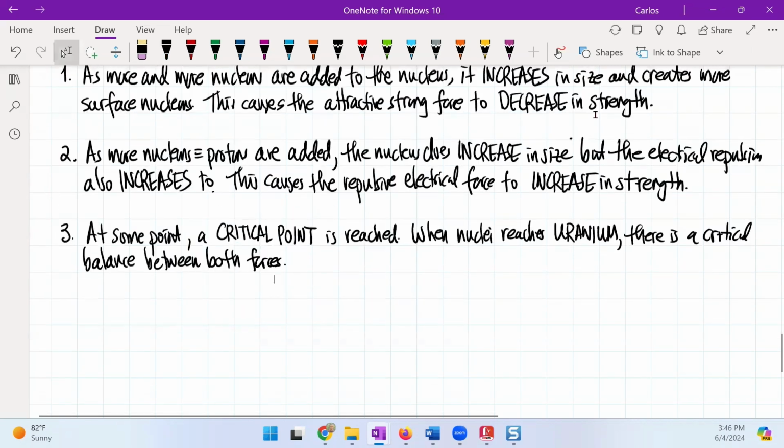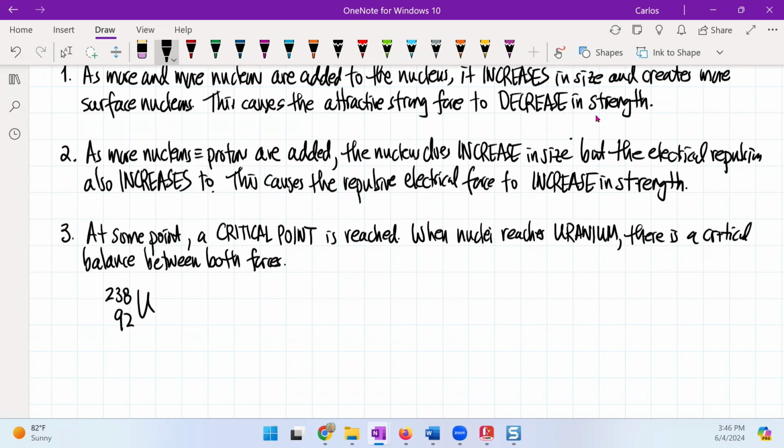The atom that we're talking about here is atom 92 with an atomic mass of 238.